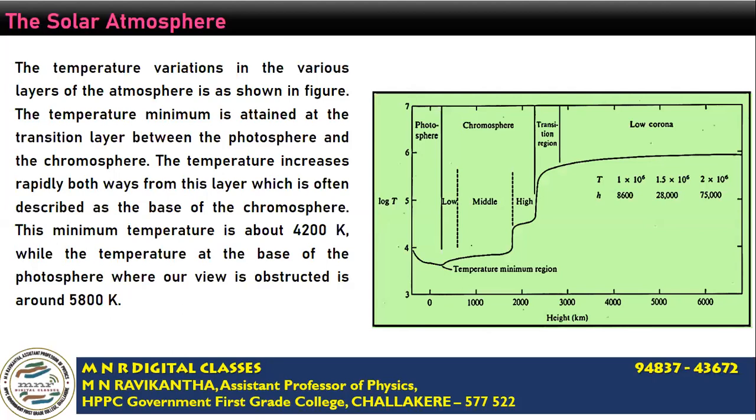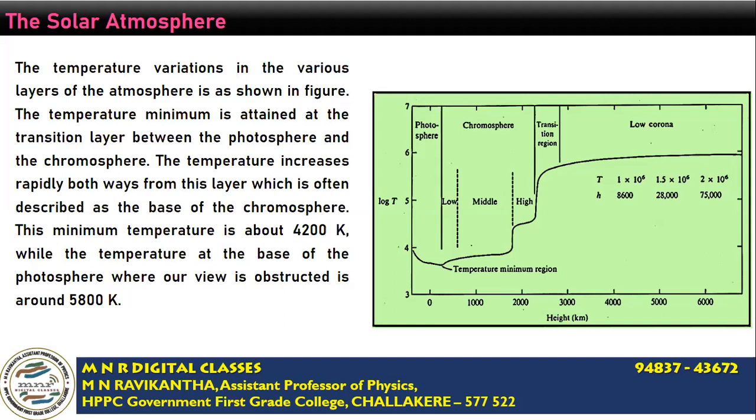As we mentioned already, each layer of the solar atmosphere is different in its physical characteristics. Now let us discuss one of the physical parameters, that is the temperature. The temperature variations in various layers of the atmosphere are as shown in this figure.